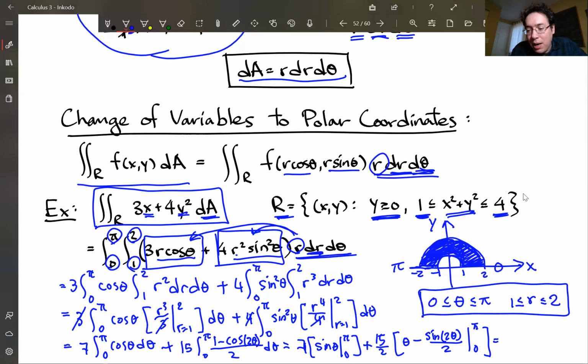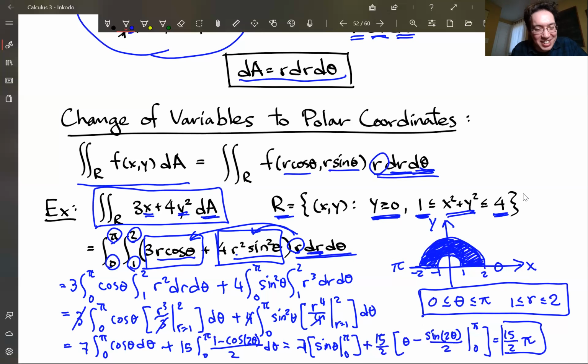Sine of 2 pi and sine of 0 are again both 0. So this term just dies out. But theta is changing from 0 to pi, so that's going to be pi. So 15 over 2 times pi. Okay, I barely fit it in.